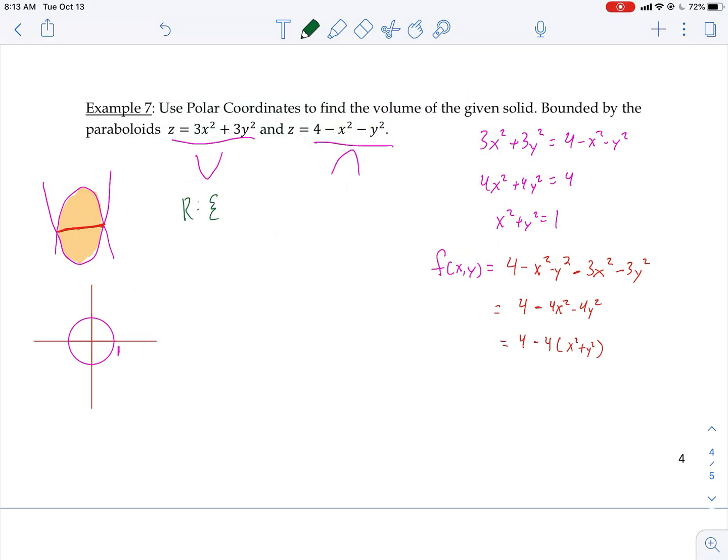So our region, in terms of r and theta, r is going to be the radius, and we're going from 0 to 1. And then theta is going to be a full circle, so 0 to 2 pi.